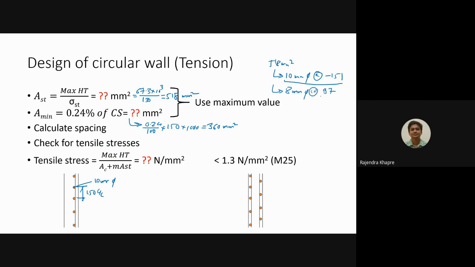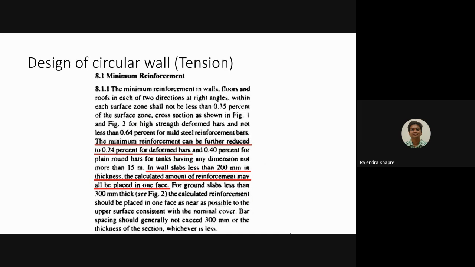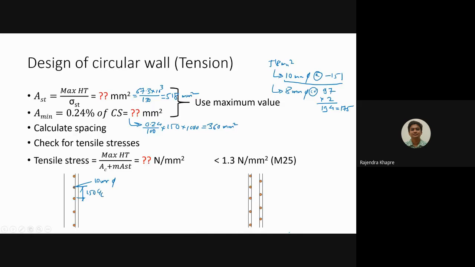Okay, so 97 if you multiply it by 2, so this comes to 194. Another way of doing this is, in place of 194, it can be rounded off to 175, the lowest possible figure in multiples of 25. So what you can do is provide 8 dia bars like this, at 175 center to center.